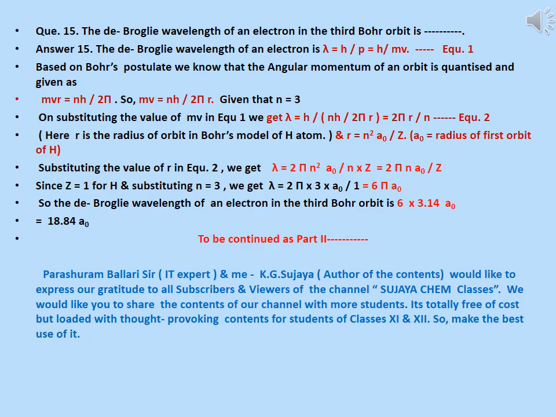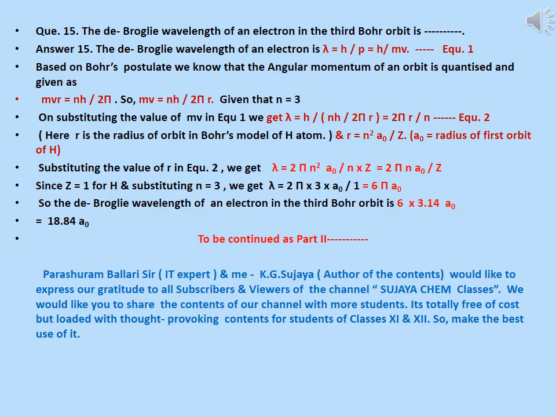We know it to be equal to lambda is equal to h by mv. We know m is the mass of the electron, v is its velocity, h is Planck's constant. I don't have to explain all this again. So it is labeled as equation 1.